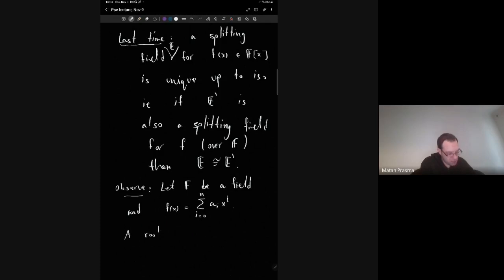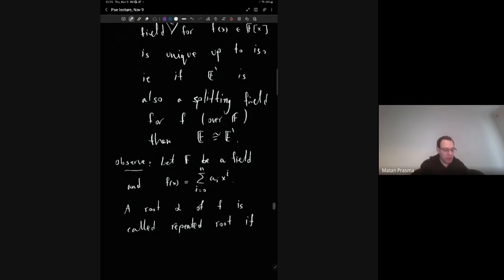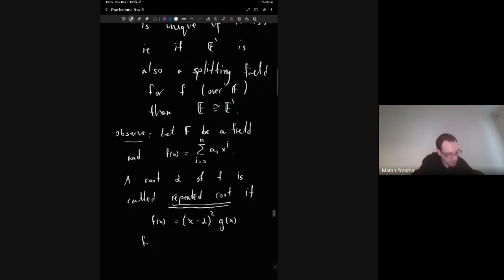A root alpha of f is called a repeated root if not only can you write f(x) = (x - alpha) g(x), but you can write it at least with a power of 2, I mean potentially more, but at least degree 2, for some g(x).